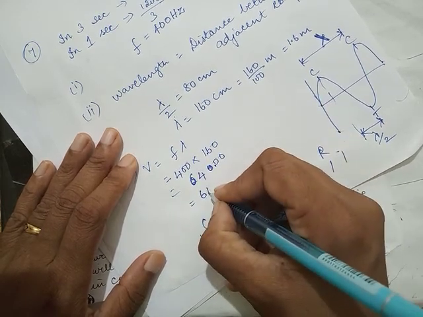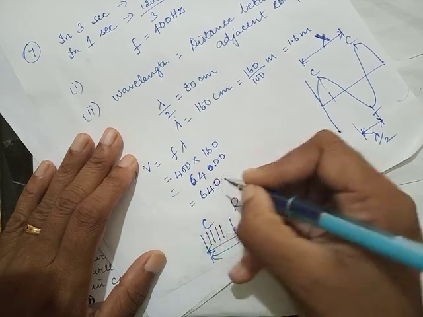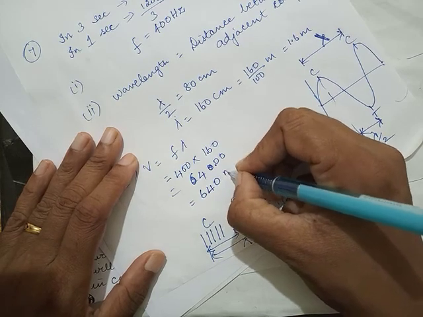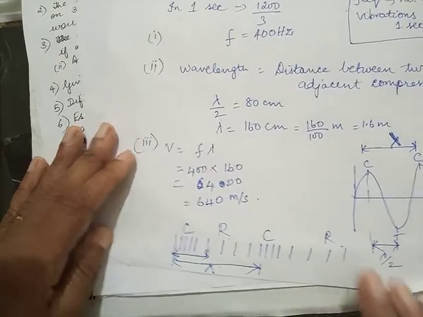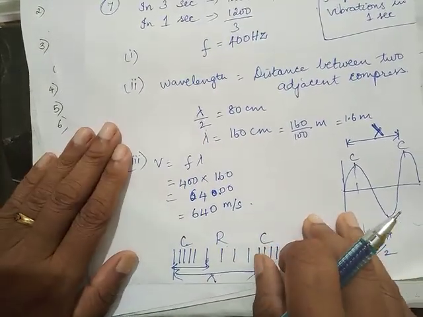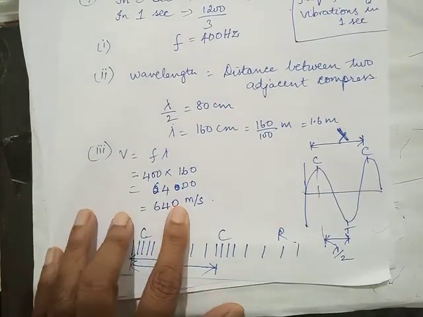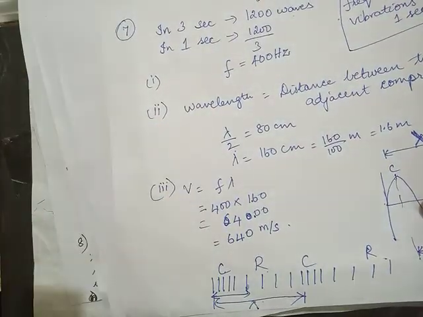So 640 meter per second. Okay. So this is how you get the value of these three things: frequency, wavelength, and velocity.